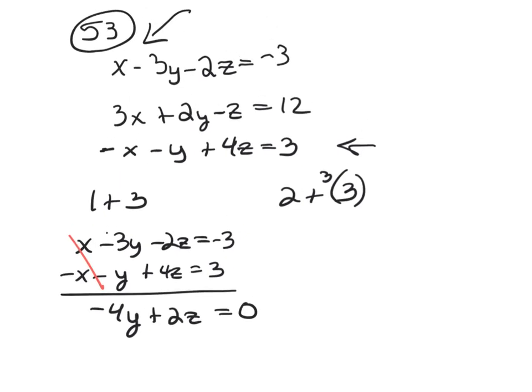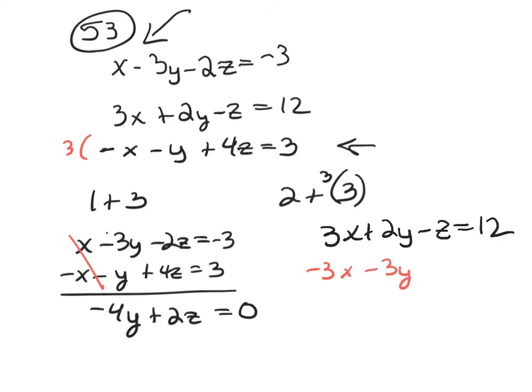And then over here, row 2, let me just rewrite it. And now I'm going to distribute a 3 here. So then this becomes negative 3x, negative 3y, plus 12z equals 9.